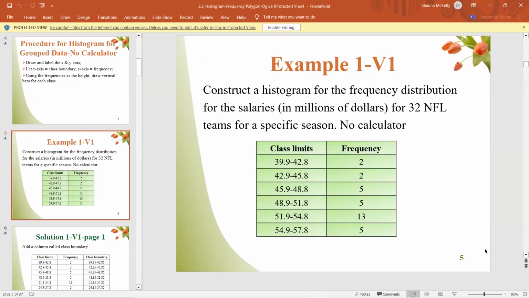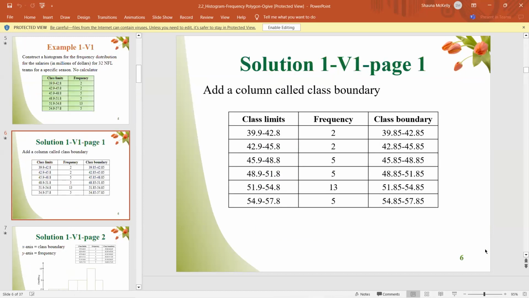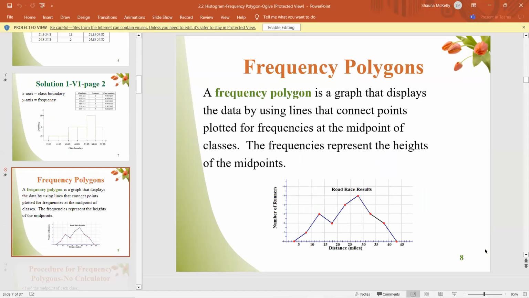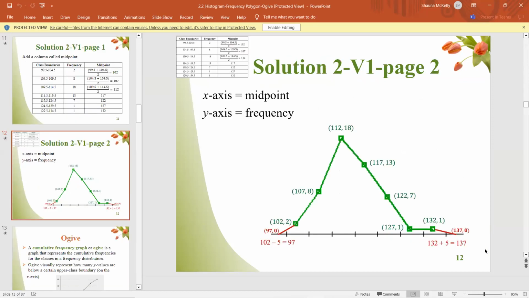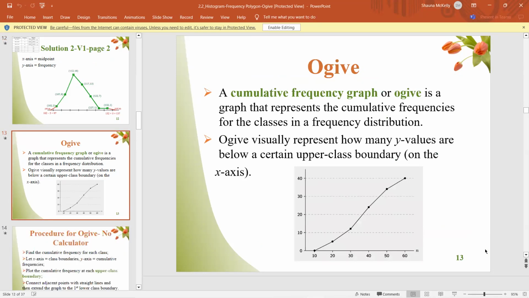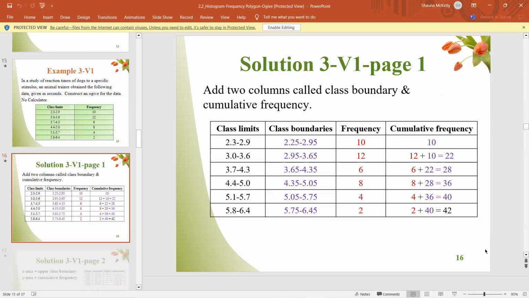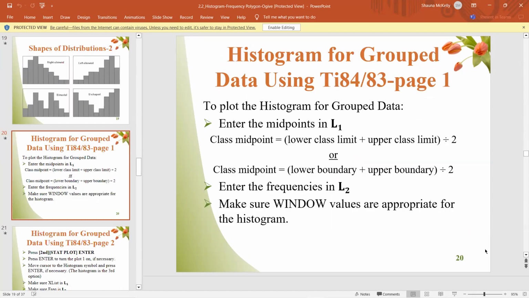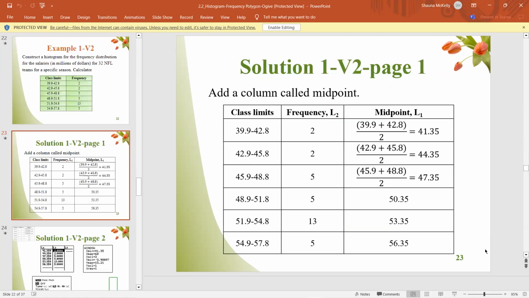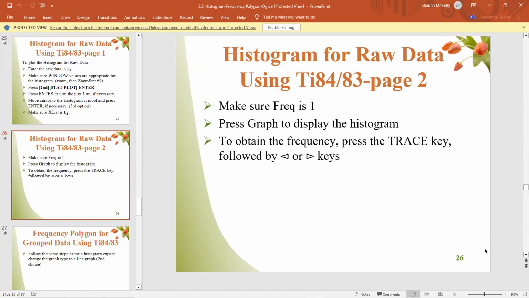So their histogram, she shows you what that looks like. There's your lower boundaries for that. And she shows you what the cumulative frequency polygon looks like. And I think, did she give you the polygons for this?